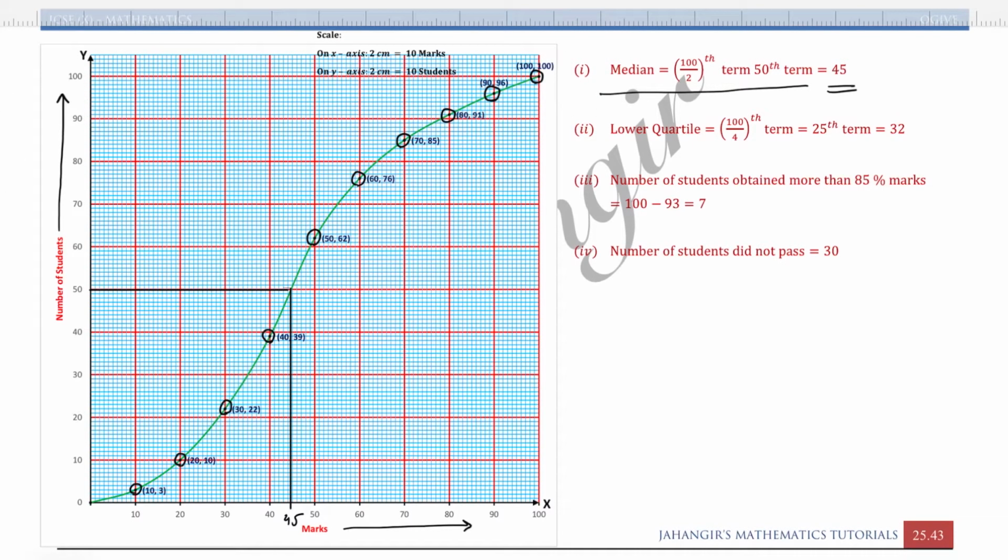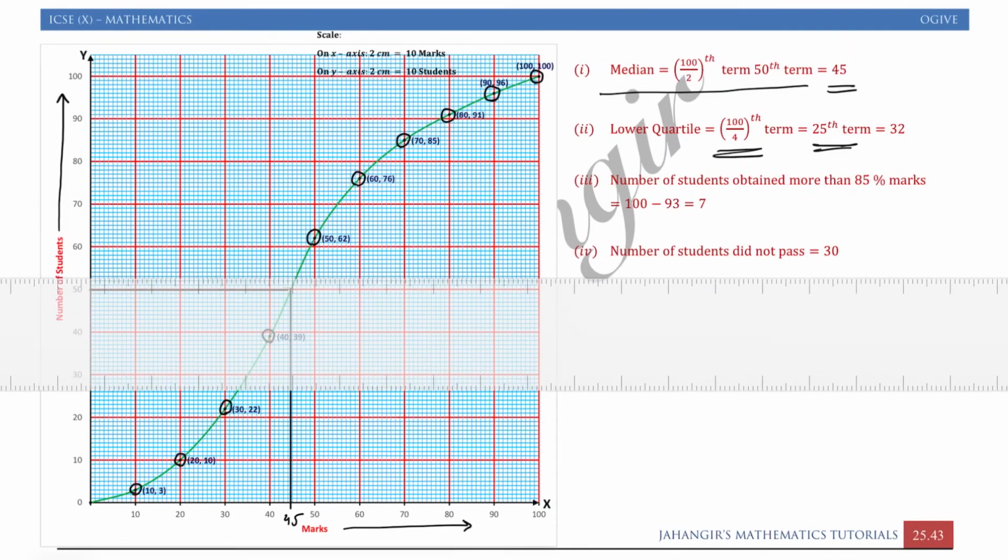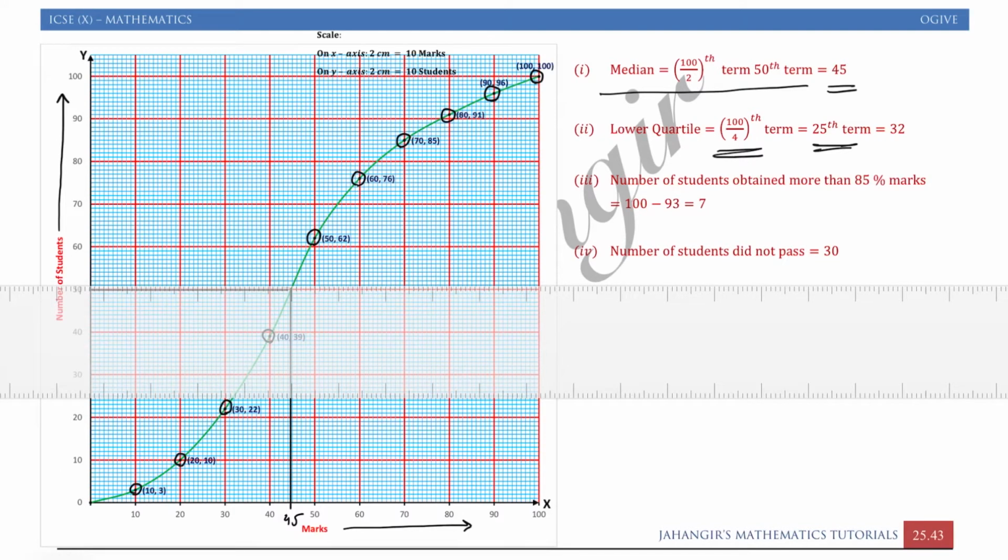Now second is lower quartile, that is n upon 4, which is 25th. 100 by 4 which is 25th. So we can draw a horizontal line from 25th.